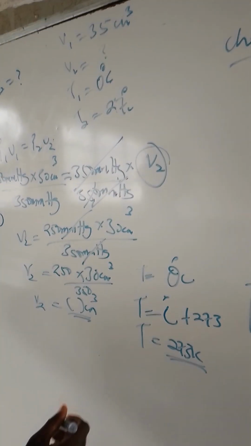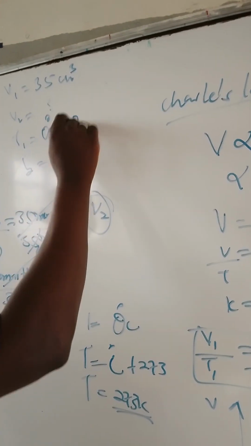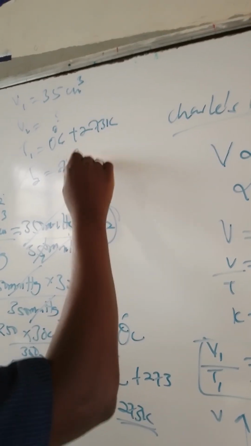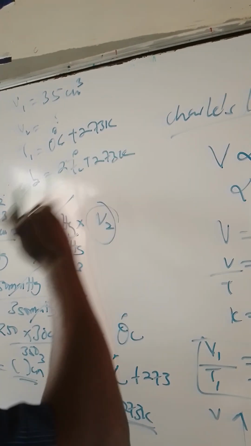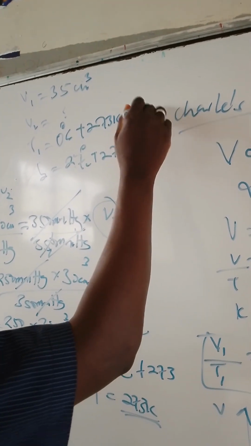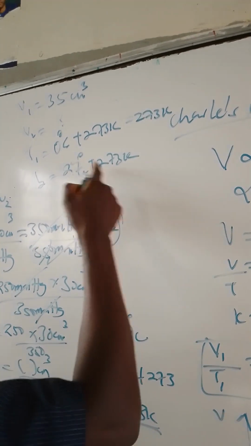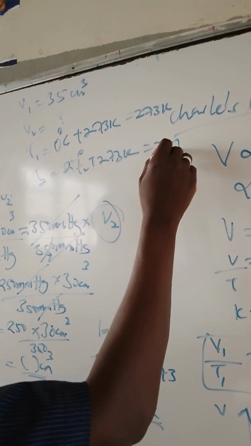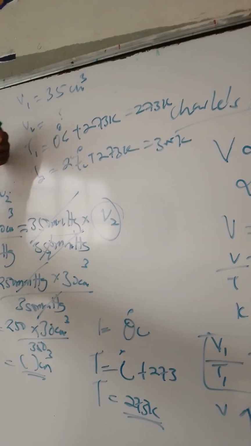To solve this is very simple. What you are going to do is add 273 Kelvin to this, and also add 273 Kelvin to this. Before you start solving, when you add this, you are going to have 273 Kelvin. When you add this, you are going to have 300 Kelvin. These are what you now use to solve.